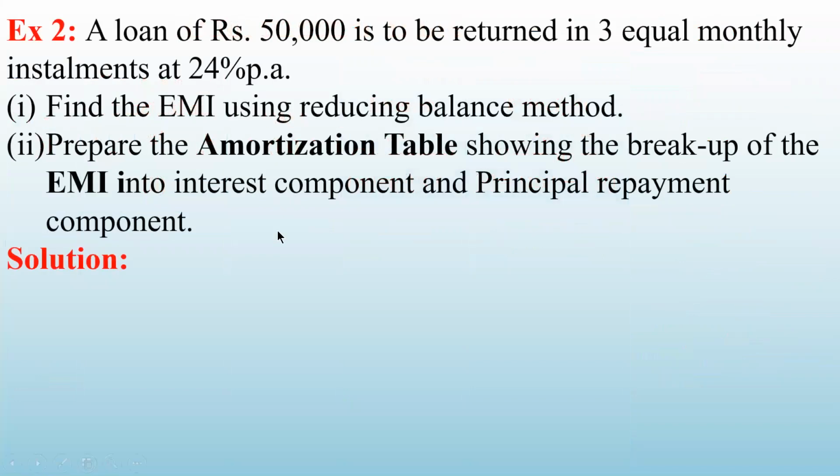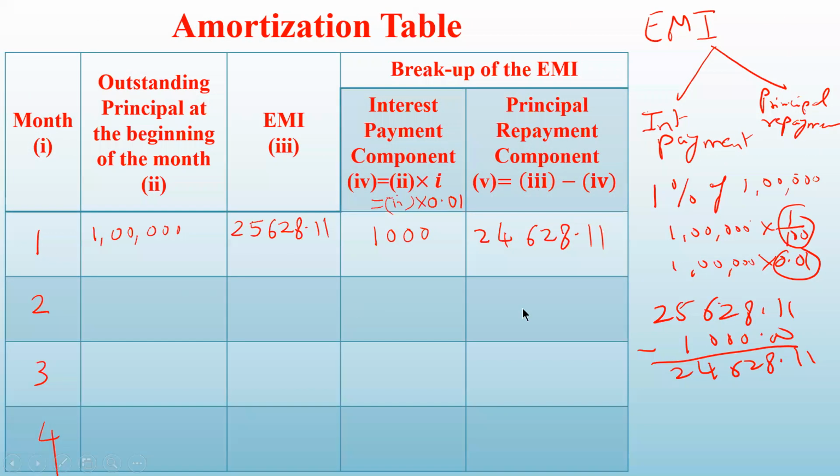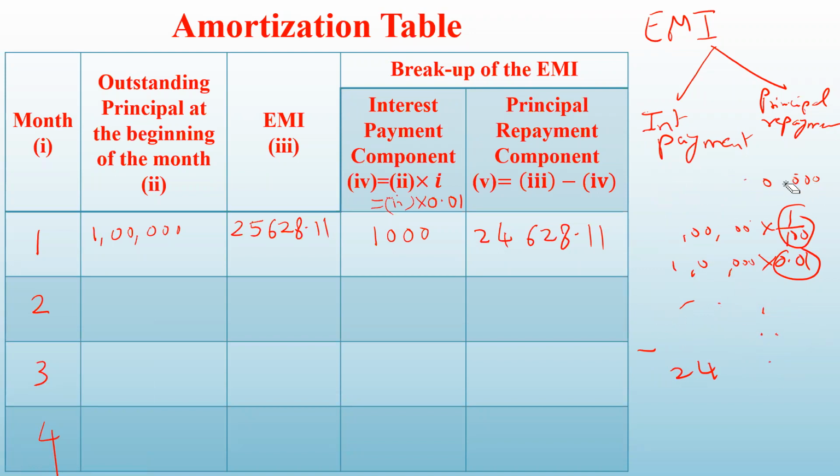Okay. Now let us see how to fill the second row. Look here. In the second month, what will be the outstanding principal? In the first month, 1 lakh was there. Out of 1 lakh, you have paid 24,628.11 as principal. So 1 lakh minus 24,628.11 will be the outstanding principal at the beginning of the second month.